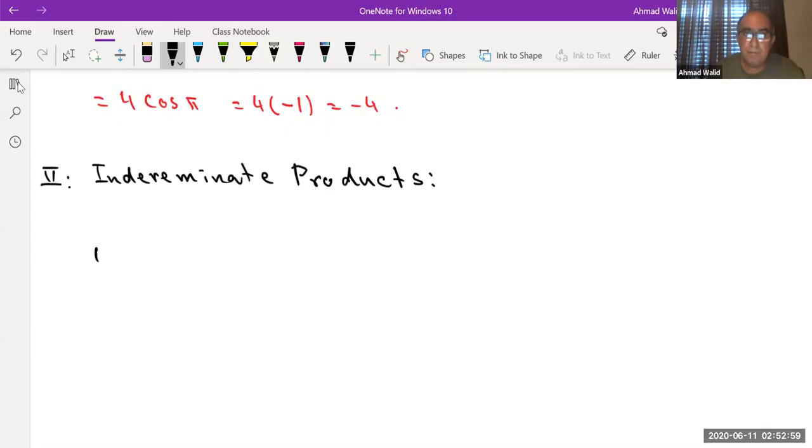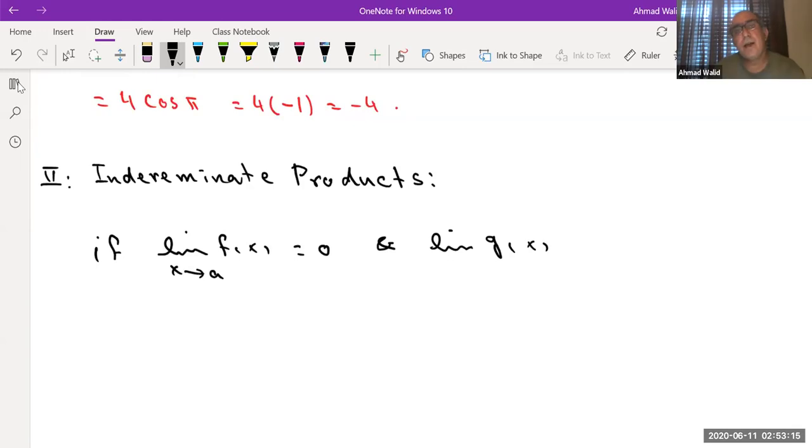What does it mean? If you have the limit of f of x as x approaching a gives you 0, and the limit of g of x as x approaching a gives you infinity, positive or negative, it doesn't matter.